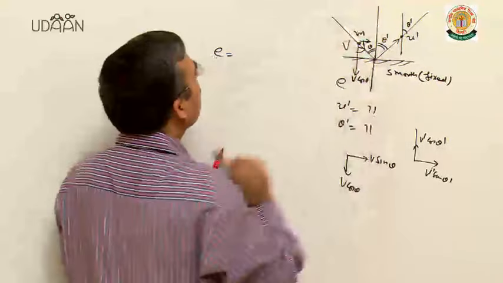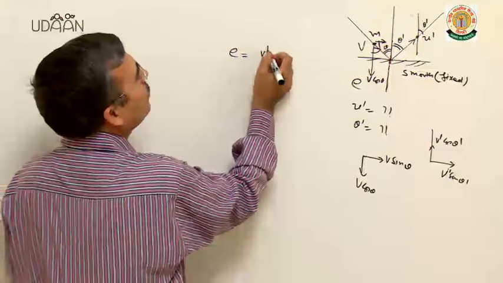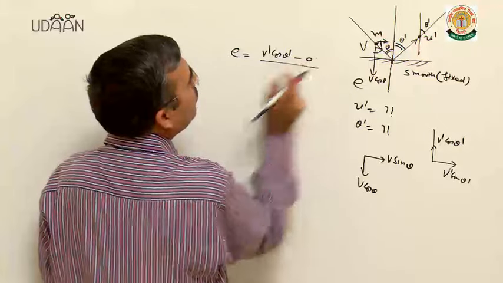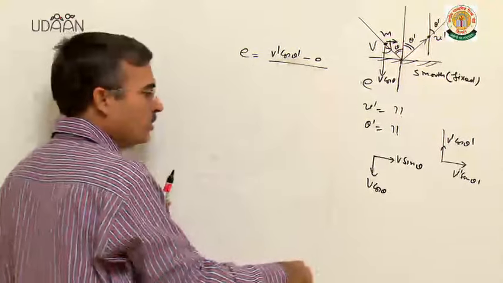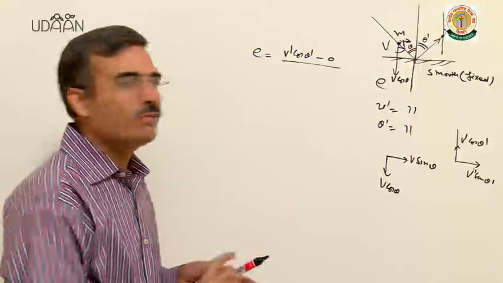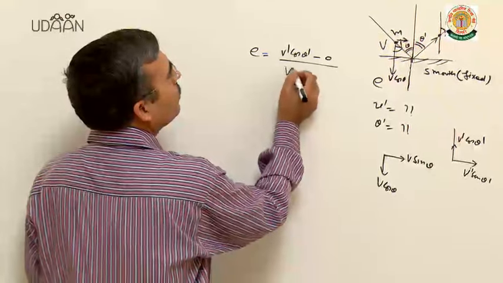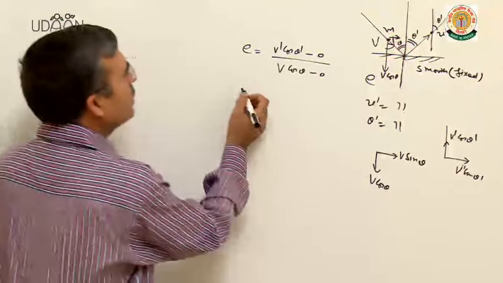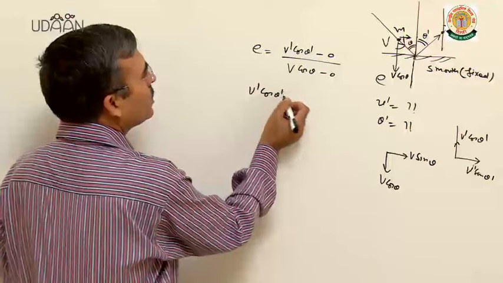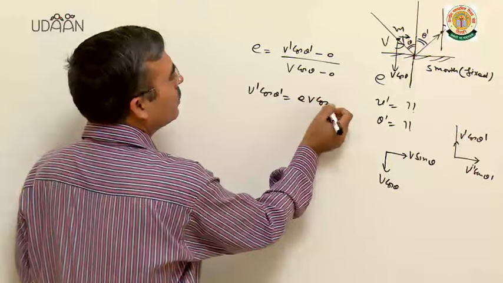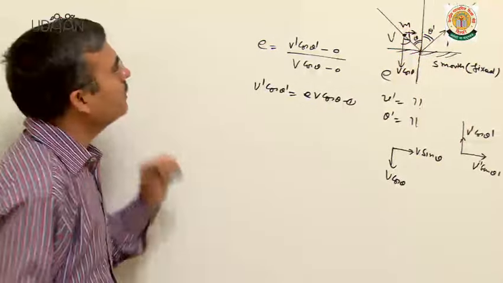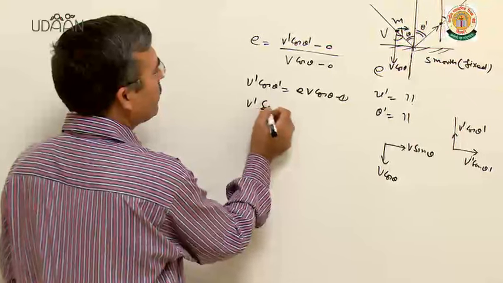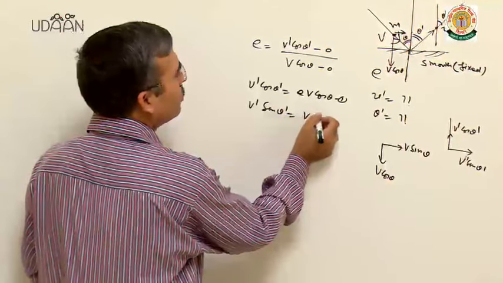So velocity of separation is v dash cos theta dash minus velocity of the floor, divided by velocity of approach. Who is approaching? Ball is approaching the floor. So v cos theta minus again 0, because floor remains at rest. So clearly v dash cos theta dash equal to e into v into cos theta. Suppose it is equation 1. Tangential component will not change. So v dash sin theta dash is v sin theta.